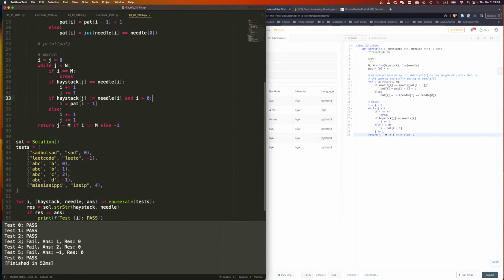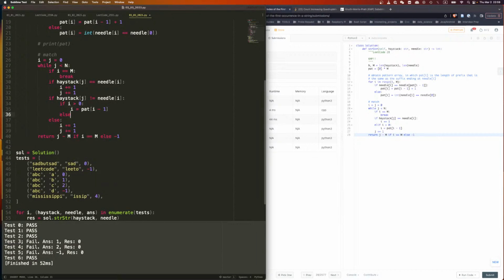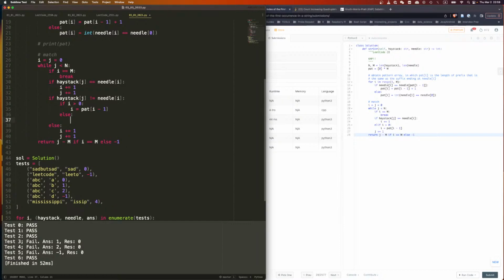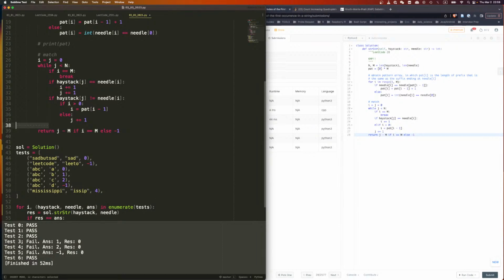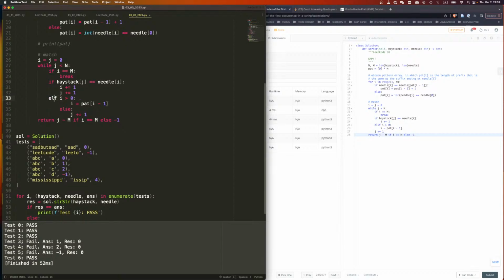If they do not match, if I is larger than 0, I change, j doesn't change. If not, then j needs to plus equal 1. Right? So this is else. Which we can do elif, right?